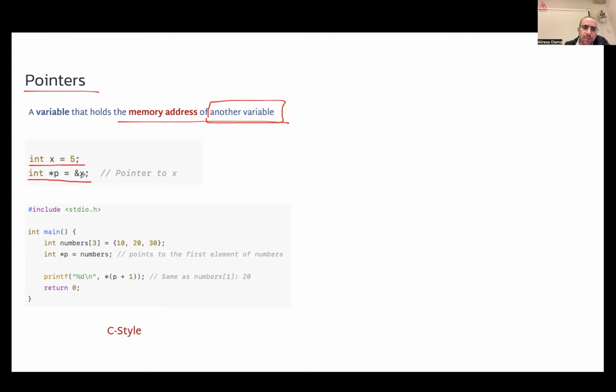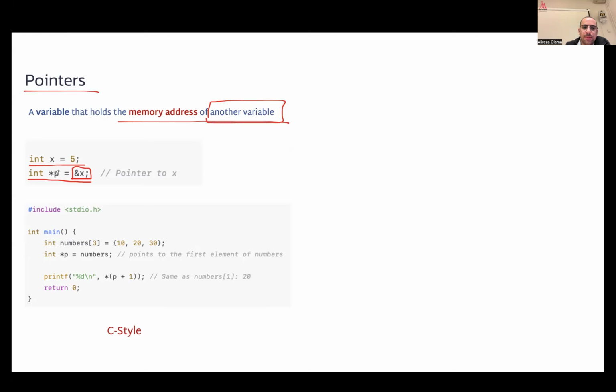Now somebody tell me, what does this ampersand x mean in this context? What does it get? Referring to the address of this variable. Yes, it gets the address of x in the virtual memory, and then using this syntax, int star, you are declaring that p is a pointer to an integer, and its value is the address of x, right?